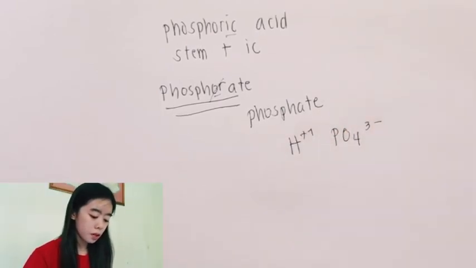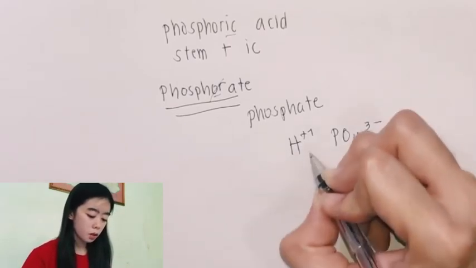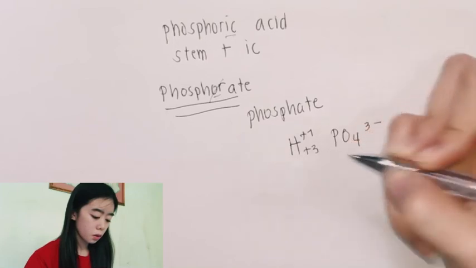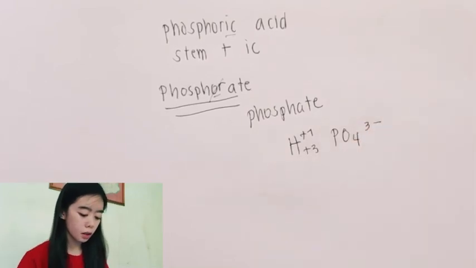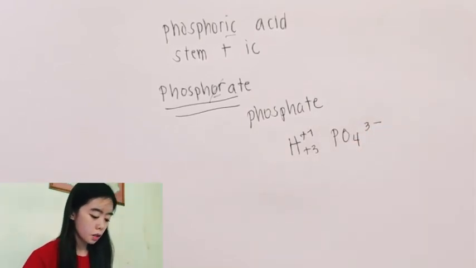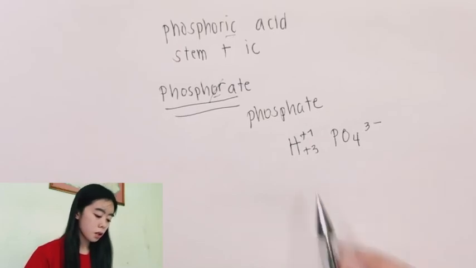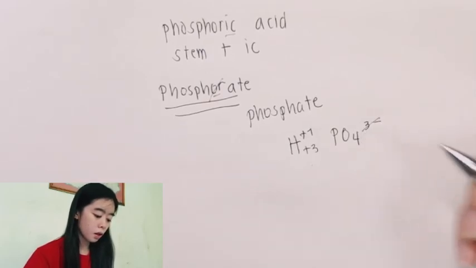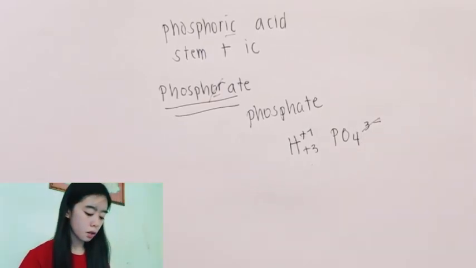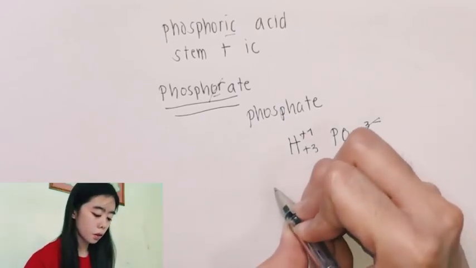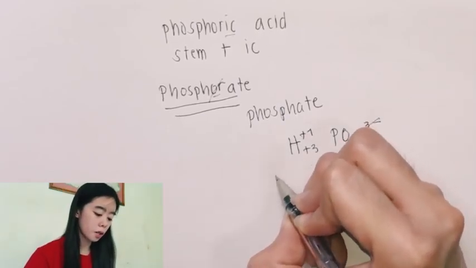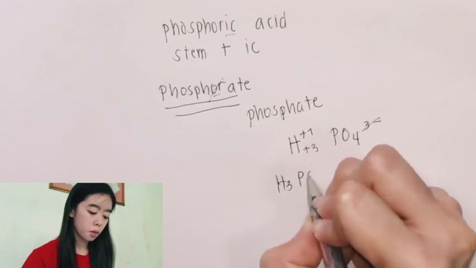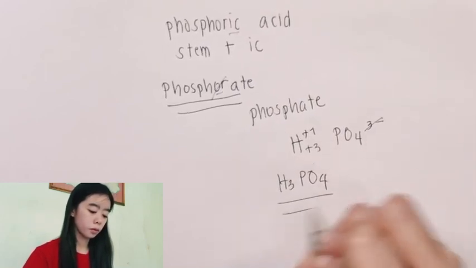To balance this out, we need a +3 charge in H to cancel out the -3. That means 3 hydrogen atoms cancel out the -3. It gives a 0 net charge. So the formula for phosphoric acid is H3PO4. And that's it.